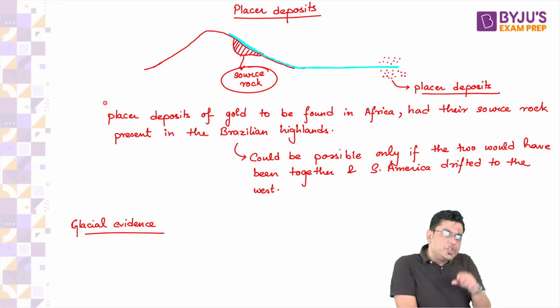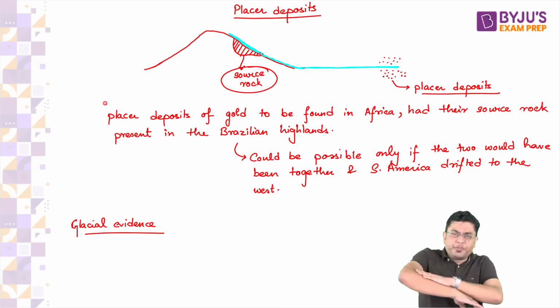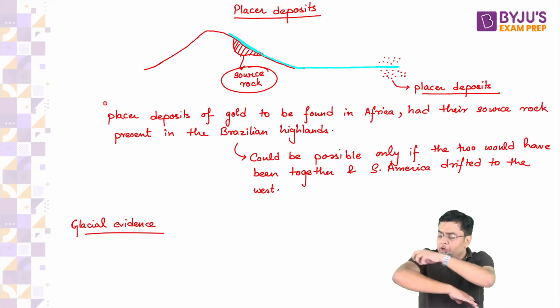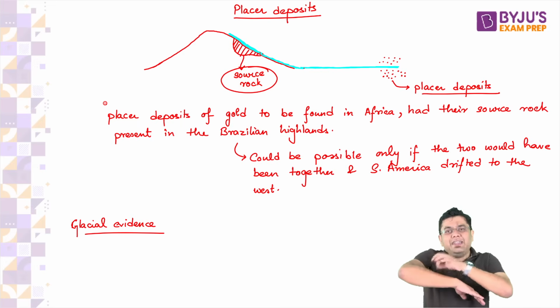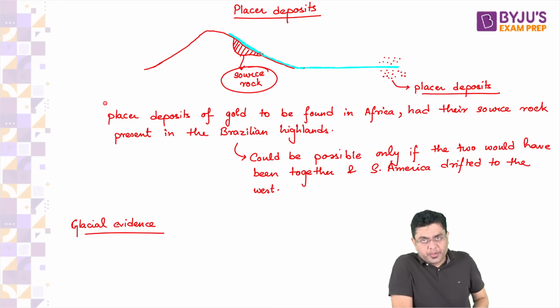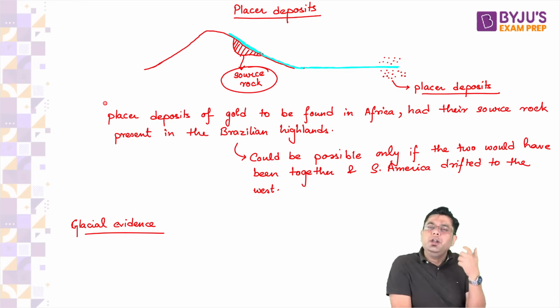Now when a glacier moves, let's suppose this is the rock surface and the glacier is moving on top of that. Not only will it be able to scratch the surface, it will carry small particles, and those particles will also get deposited. Now, those fine particles deposited by glaciers are referred to as till or glacial tillite.